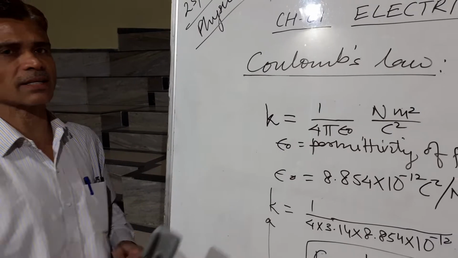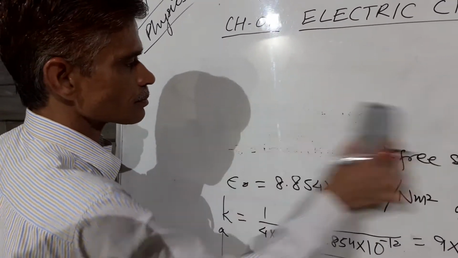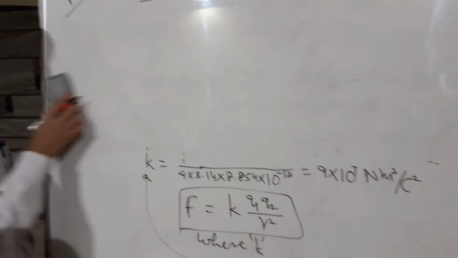Now let us discuss the vector form of Coulomb's law.